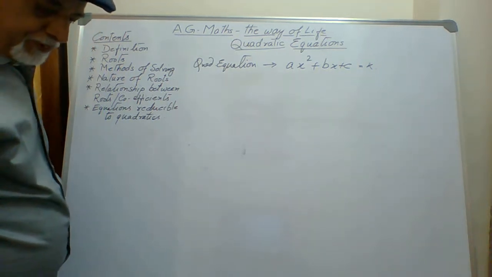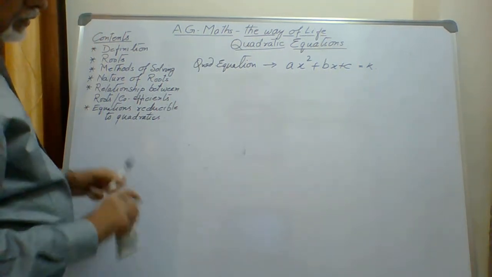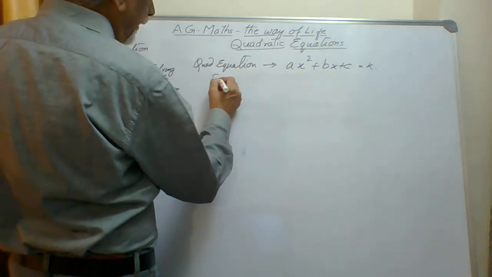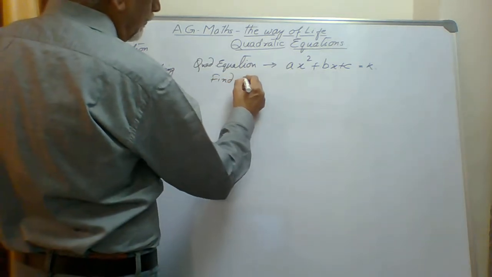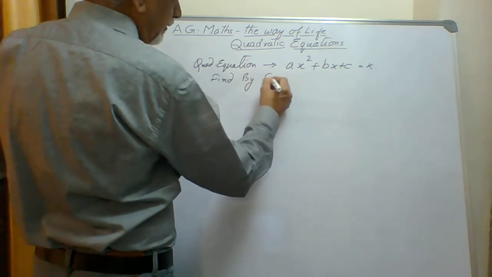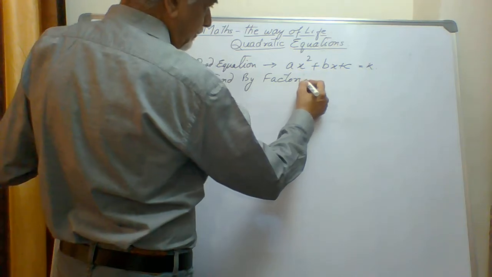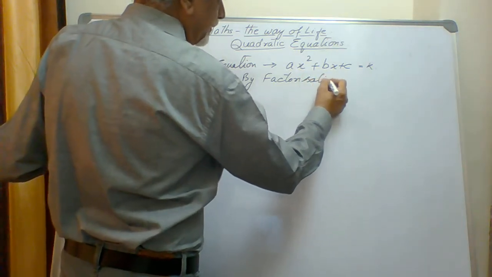So this is the quadratic form of an equation. We have to find the solution by factorization. This we have already learned in our earlier classes. Factorization.